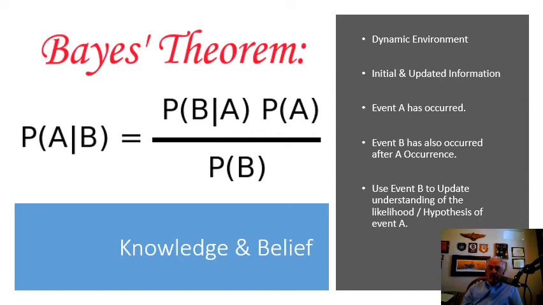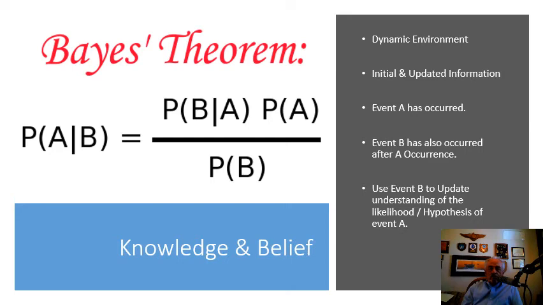Nevertheless, it is a proven theorem. It is proven to work extremely well, particularly when we are trying to quantify uncertainty. It is actually the theorem of choice when we are trying to quantify uncertainty.